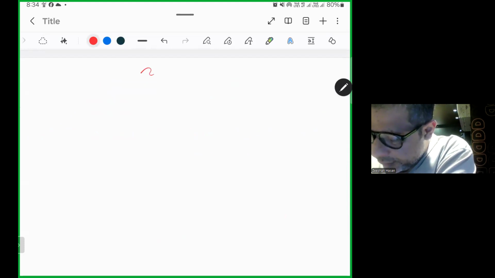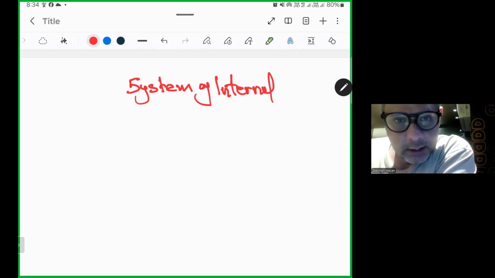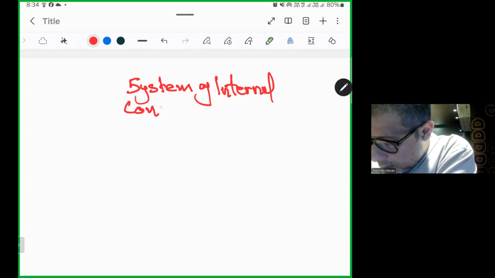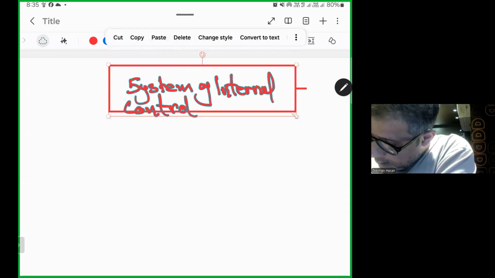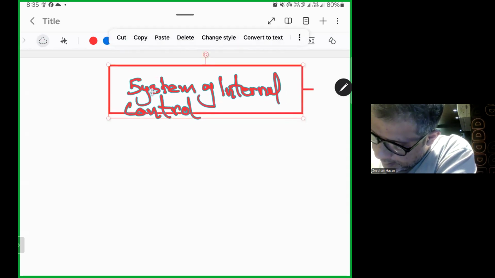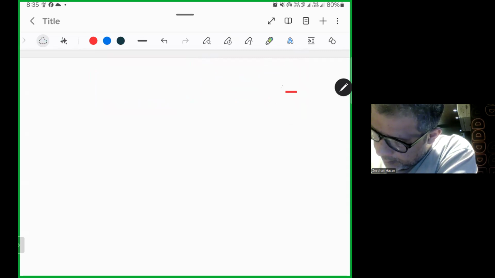System of internal control consists of, just a second, let me fix it first.